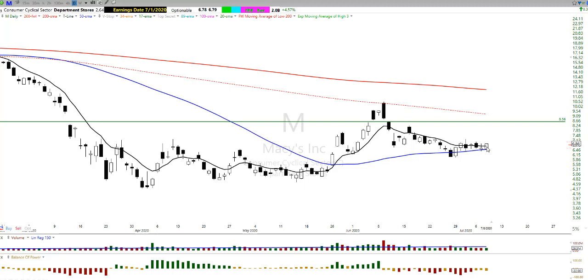So I'm looking for an entry on Macy's. We'll use the buy box here. Buy box, we're going to put a little bit on top, and then we'll come down to the bottom of those candles. So anywhere in this box area, I may be looking to buy this. Also, a breakout.